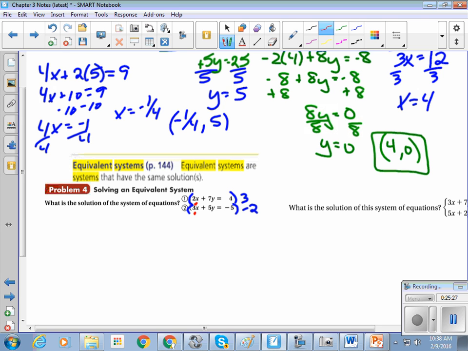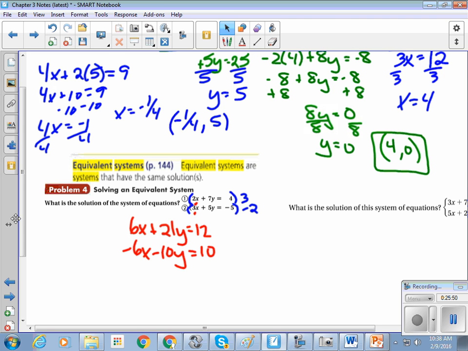So when I do the multiplication, I get 6x plus 21y equals 12. Everything left and right gets multiplied. My second equation when I do the multiplication is negative 6x minus 10y equals 10.